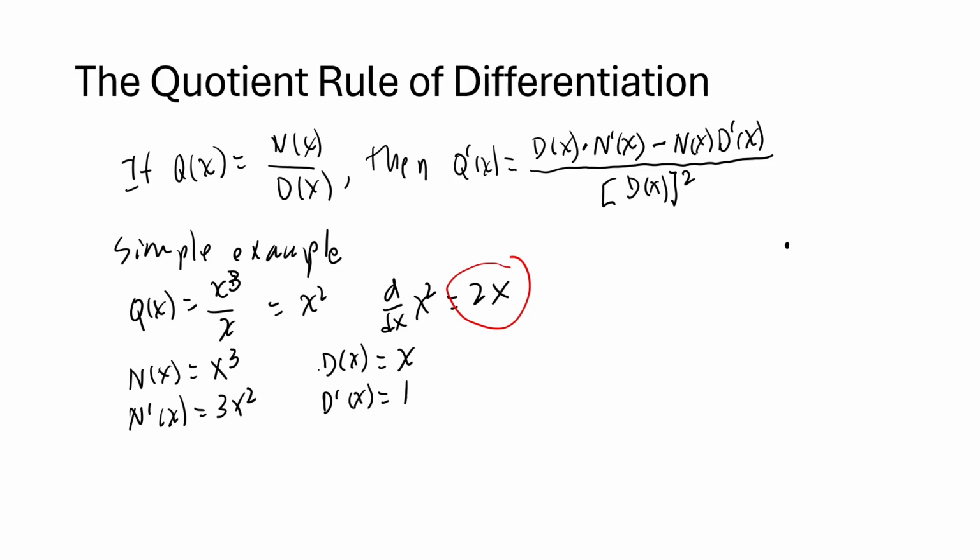So now putting that in the formula, what we're going to get is d of x n prime of x minus n of x d prime of x, divided by d quantity squared. So let's just substitute those in and see what falls out.